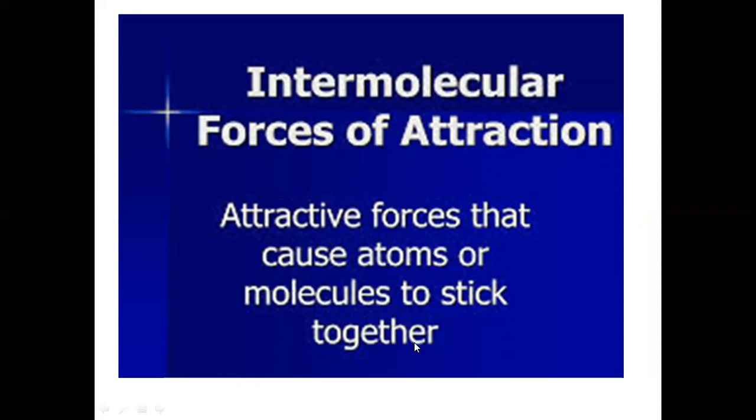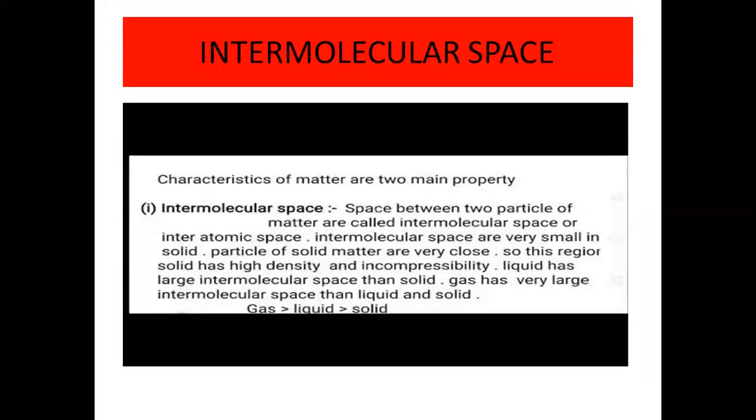Now, what is the second factor? Intermolecular space. The space between the particles of matter is called the intermolecular space, or interatomic space. Intermolecular space is very small in solids. I have depicted it already in my first slide: the molecules in a solid are so tightly held that we cannot see any space between them, right?